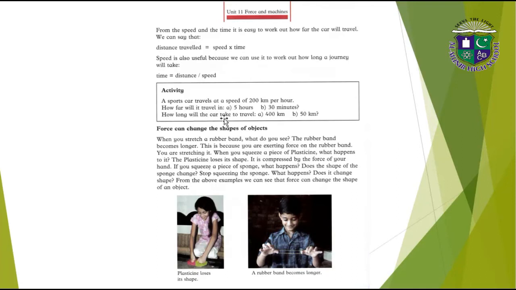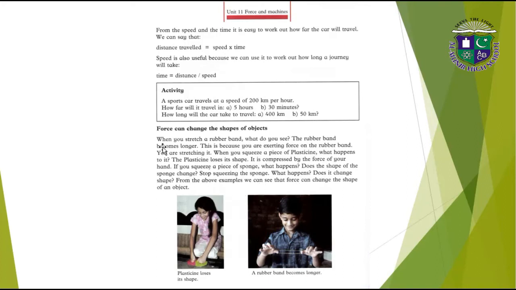How long will the car take to travel 400 kilometers or 50 kilometers? We can calculate it easily by applying this formula to find out the distance, how far it travels, and to find out the time, how long the car will take to travel. By calculating all these values with these formulas, we will get the answer.